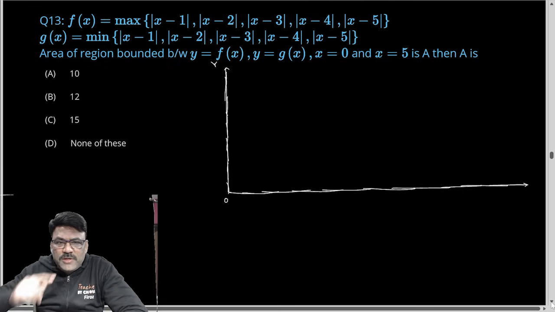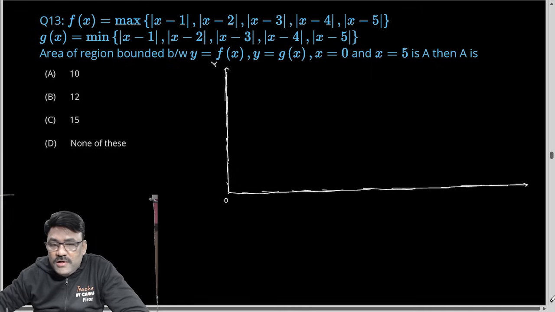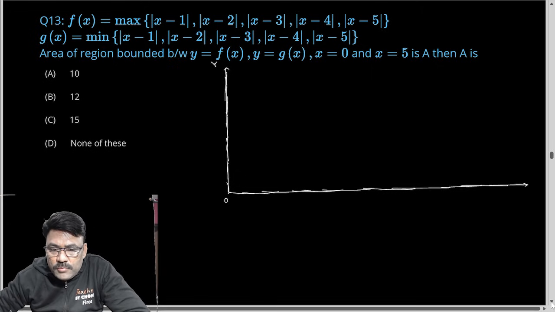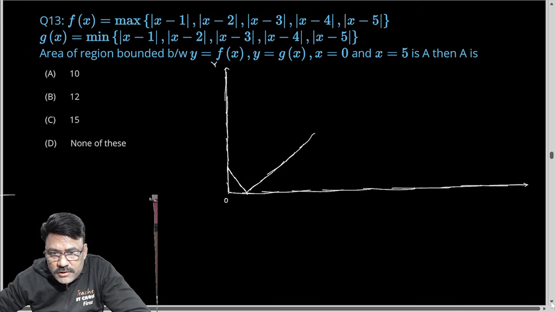The graph of mod x minus 1 will be a V-shaped graph, turning point at 1. So this is y equal to mod x minus 1.